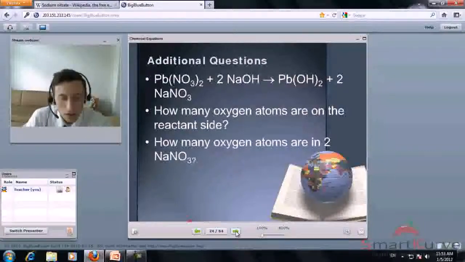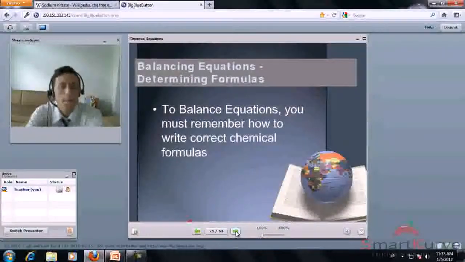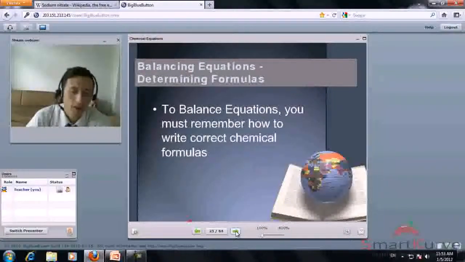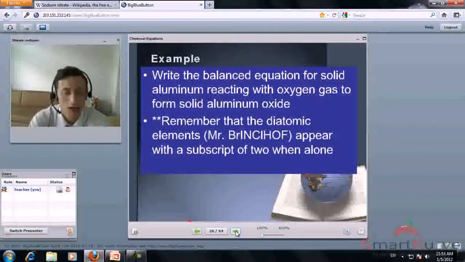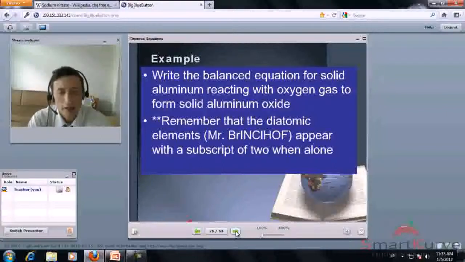Let's move on. To balance equations, you must remember to write correct chemical formulas, obviously. Slide 26. I do want to look at that second point. Remember that the diatomic elements appear with a subscript of 2 when they are alone.